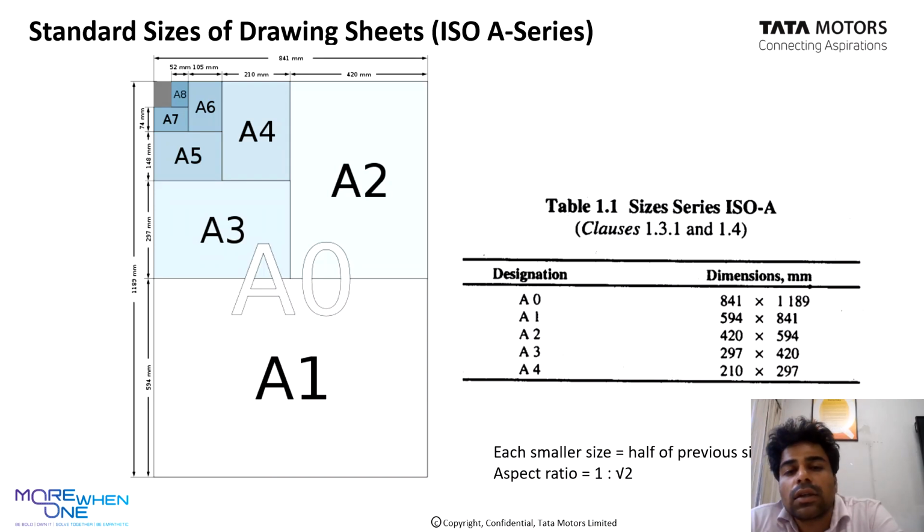Now here we can see various sizes of sheets. Mostly for engineering drawing, we will use A0, A1, A2, A3 size pages.